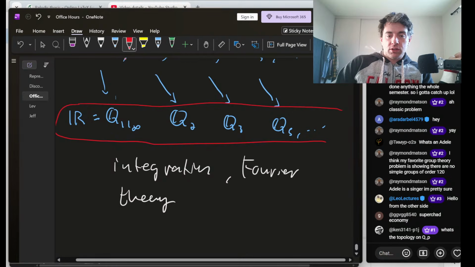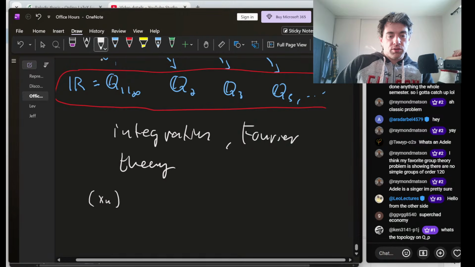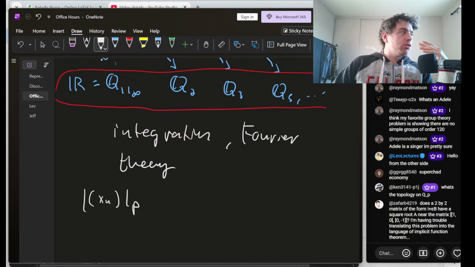What's the topology on Q_p? It's the topology induced by the norm. Because if you take the Cauchy sequence completion, then you can extend the absolute value to your sequences. You first define the p-adic absolute value on the rationals, create the Cauchy sequence completion, and then define the p-adic absolute value to be the limit of the p-adic absolute values of the individual terms.